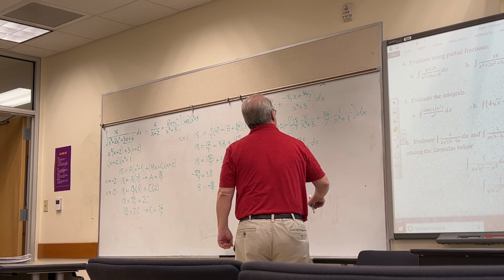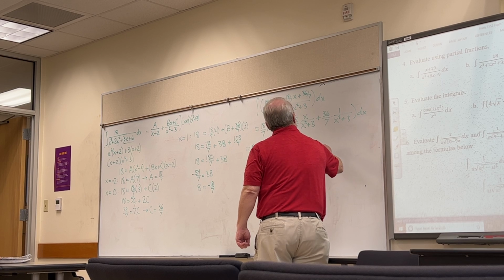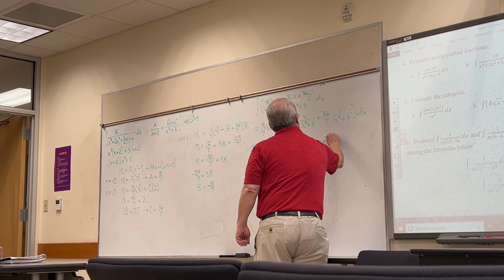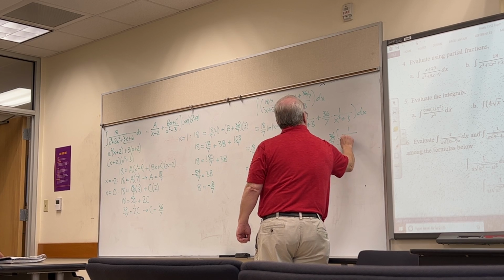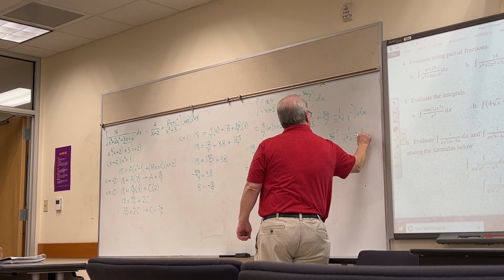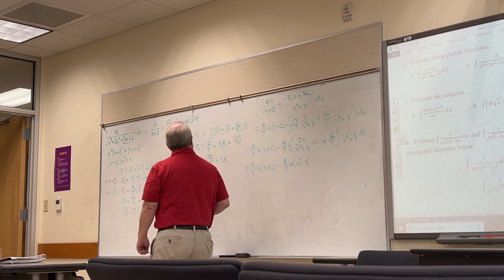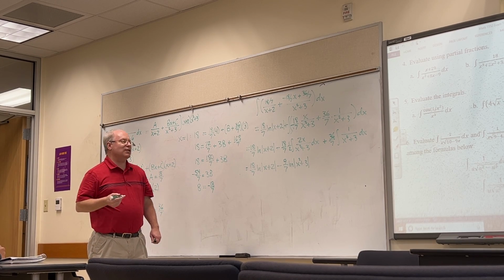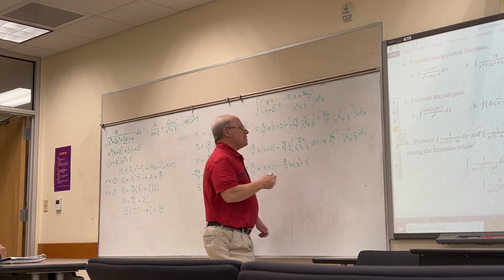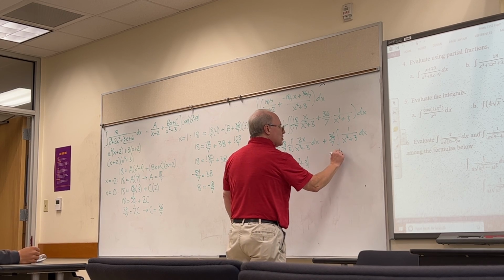Now, how do we take this integral? So we've got 36/7 times the integral of 1 over x squared plus 3. Right, it's the formula where you're getting the inverse tangent. Of course, in this particular case, what's u?